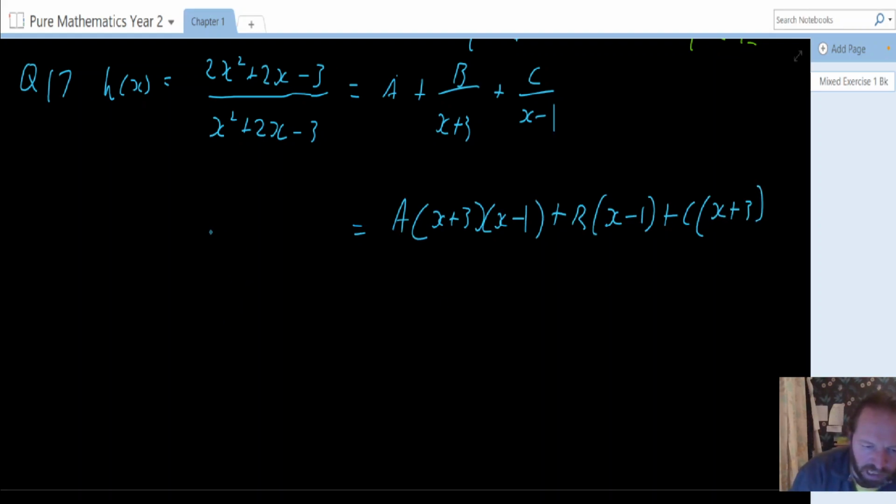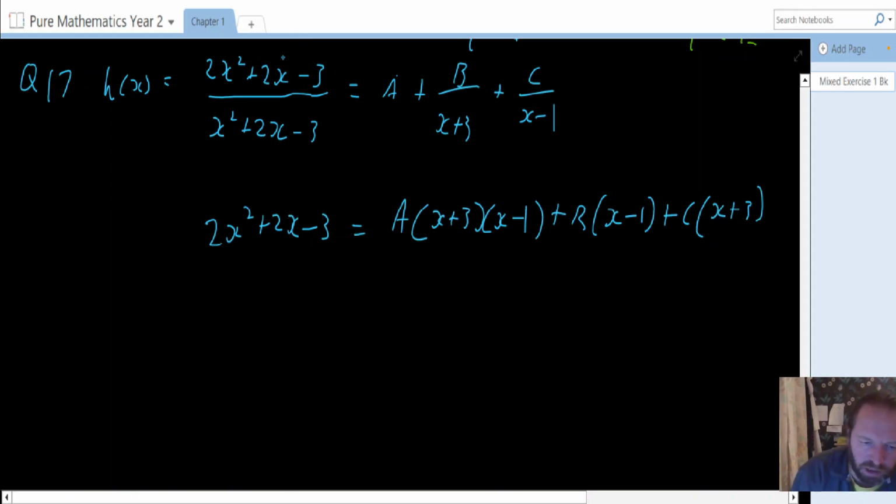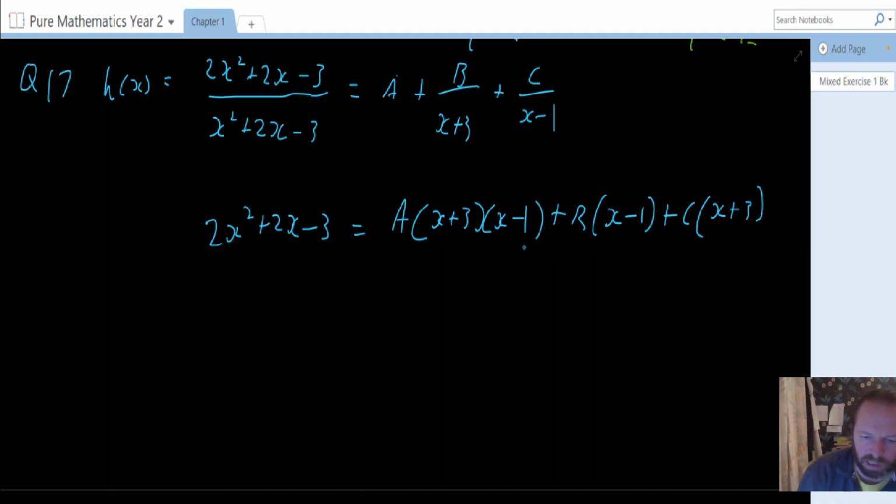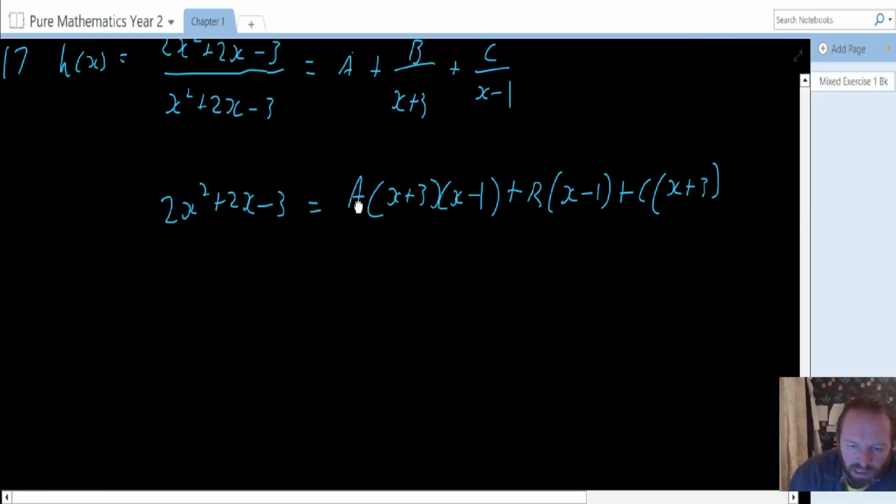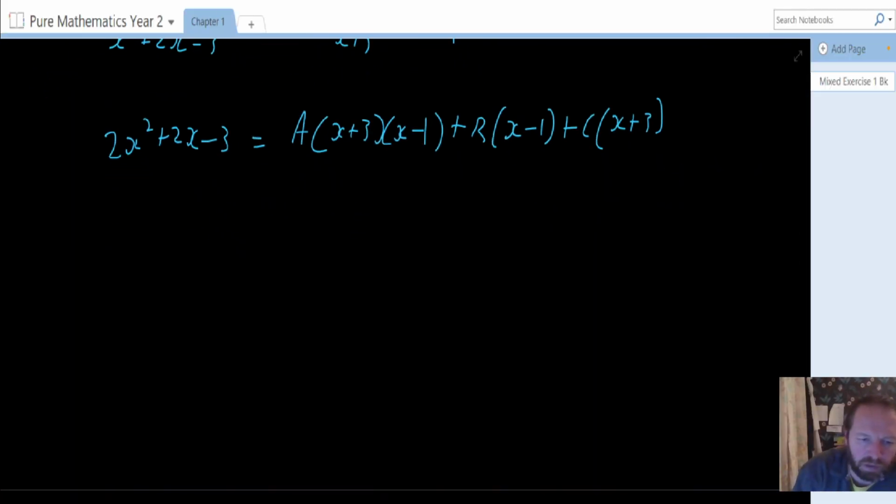Okay, and all of that will be equal to 2x squared plus 2x minus 3, the top of the fraction. I have decided not to bother writing out the fact that the whole thing would be over x squared plus 2x minus 3 and then just gets all cancelled out. So now that we have that, we can start looking at getting a little bit creative with this.